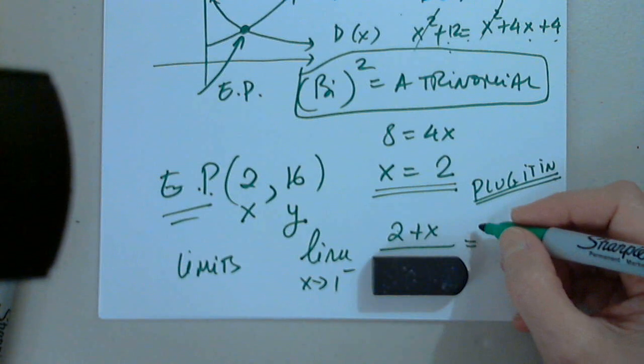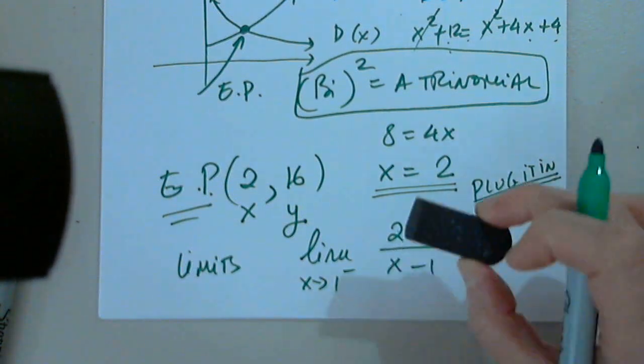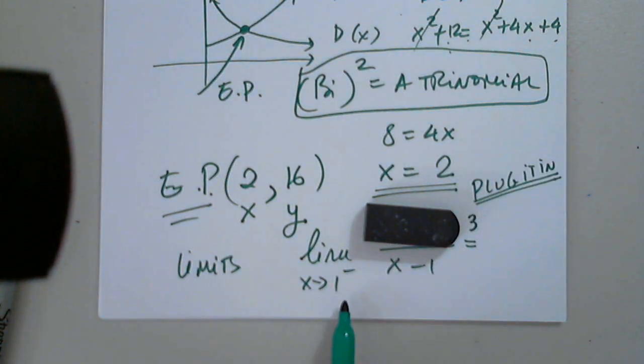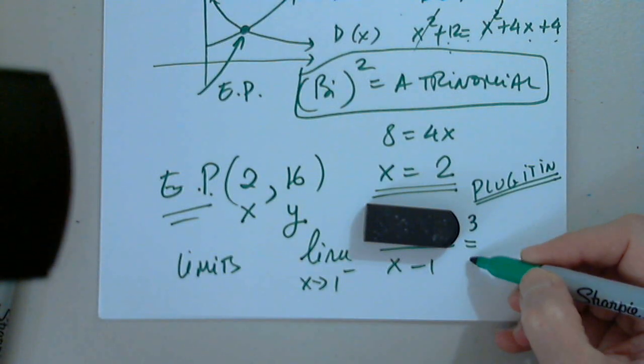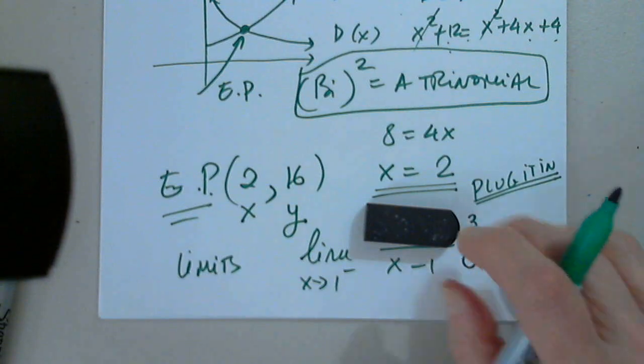I'm sure everyone knows that. 3. Awesome. When x approaches 1, where is the denominator going? 0. So this is the issue. I'll come back to this.